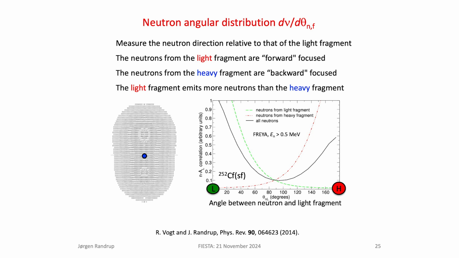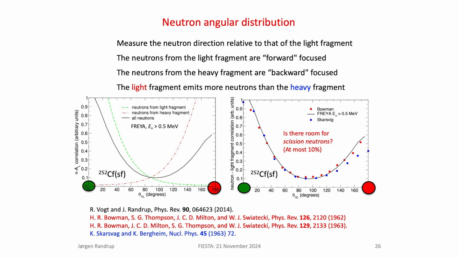From the light fragment are focused in the forward direction, and if you add them up, you get this over here on the right, some kind of U-shape, but it's a skew U-shape because it turns out you get more neutrons from the light than from the heavy, usually. So therefore you get a bigger peak here, and this is compared with some old data, looks quite reasonable.